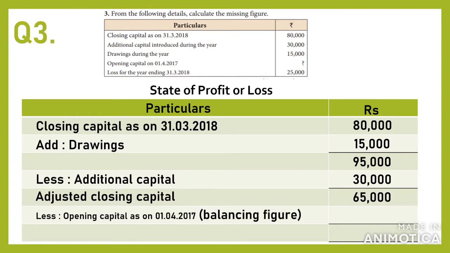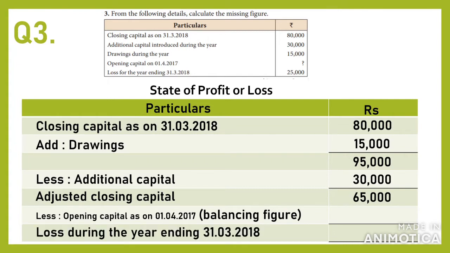So normally I will deduct the opening capital from the adjusted closing capital, and what will I get? I'll get the profit or loss, correct? Now I don't have the opening capital, so this is something which I need to find out. Okay, so we'll just proceed. We'll keep it blank for the time being. So the opening capital as on 1st April 2017, leave it blank.